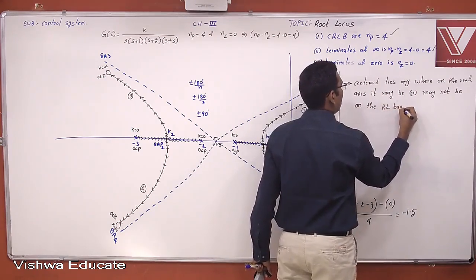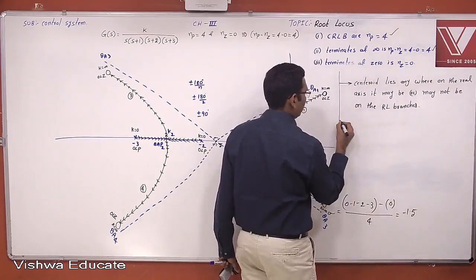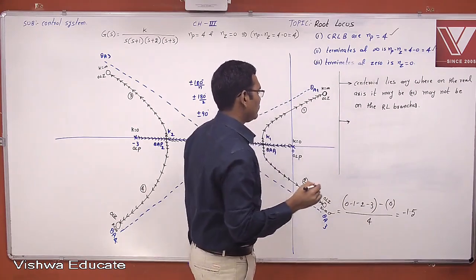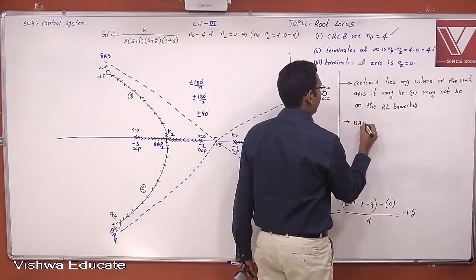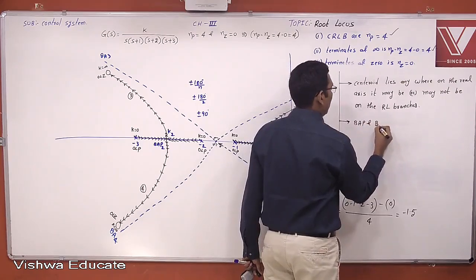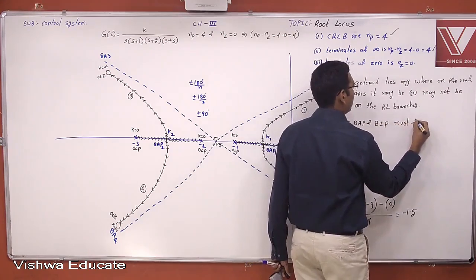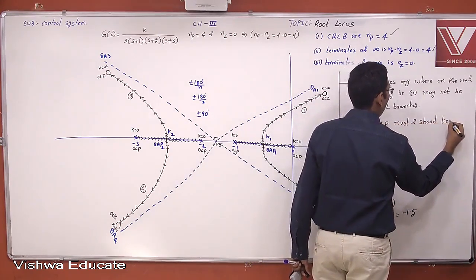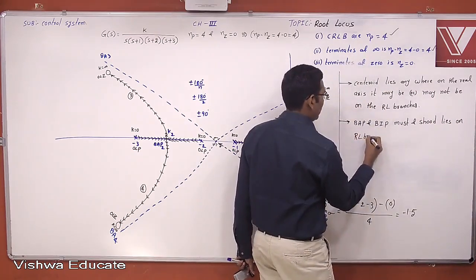The second point is that the breakaway point and break-in point must and should lie on the root locus branches.